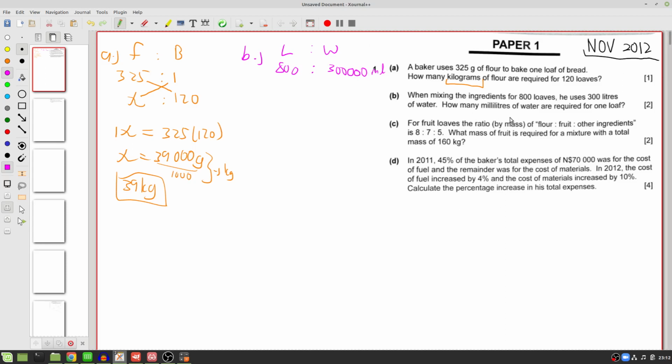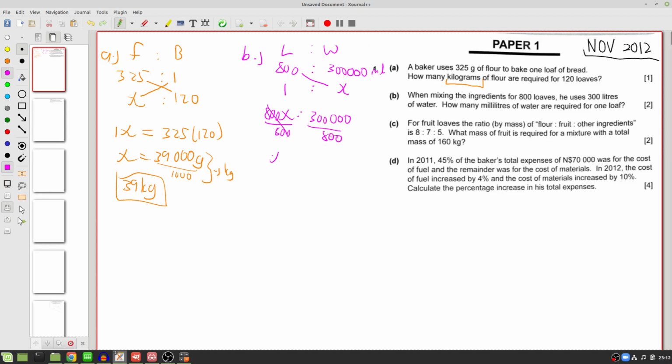Now we don't know how many milliliters of water is required for making one loaf. Okay, and from here again we do the same thing. 800 times x is 800x, and 300,000 times 1 is 300,000. Good, now to get x, we just divide both sides by 800.